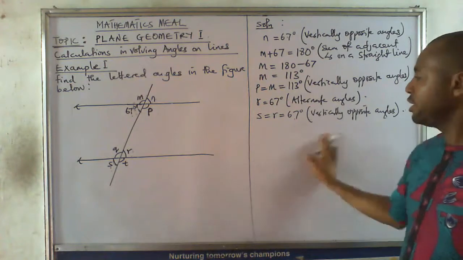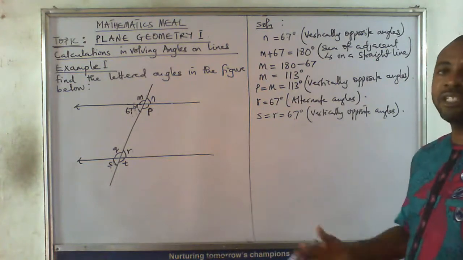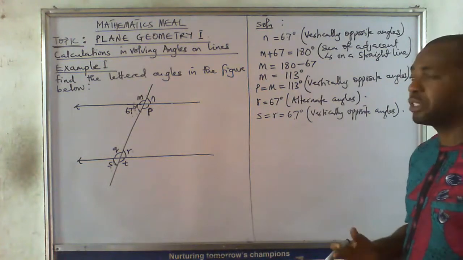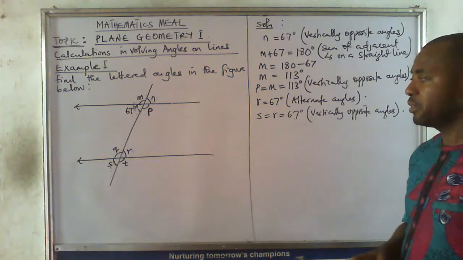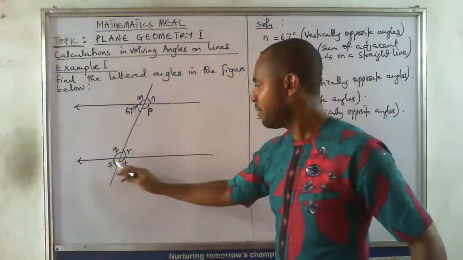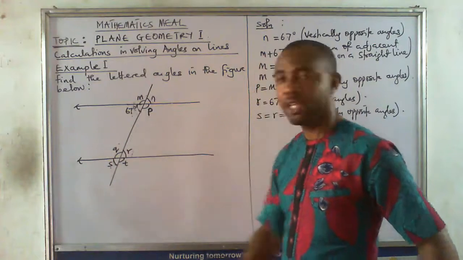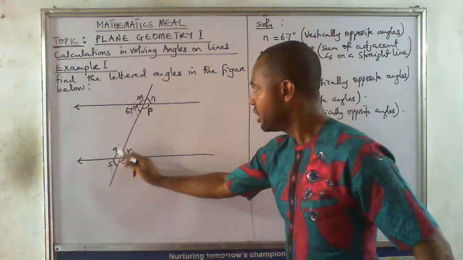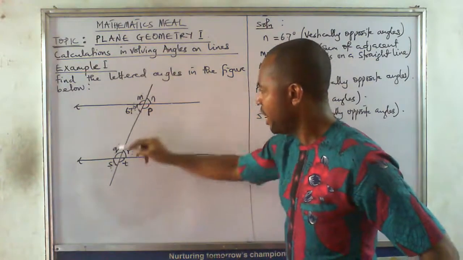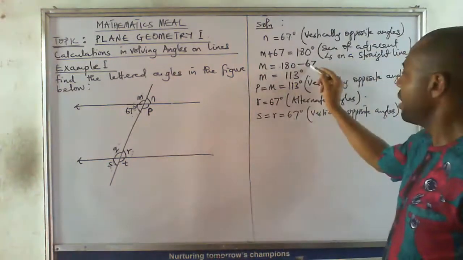So if you know all these valid points, valid relationships, you will not find it difficult trying to solve problems involving lines and angles. And if I have found R, and I have found X, I can equally find Q. You notice that R and Q are angles on a straight line. Or one can still compare M and Q because I have found M already.